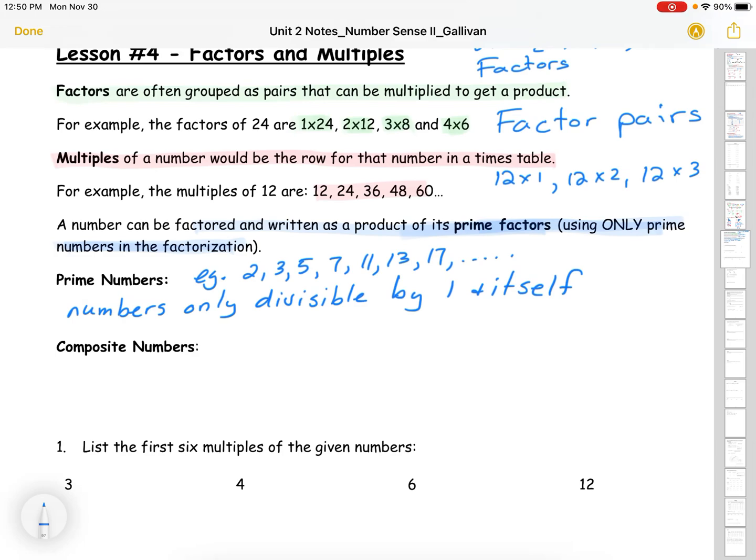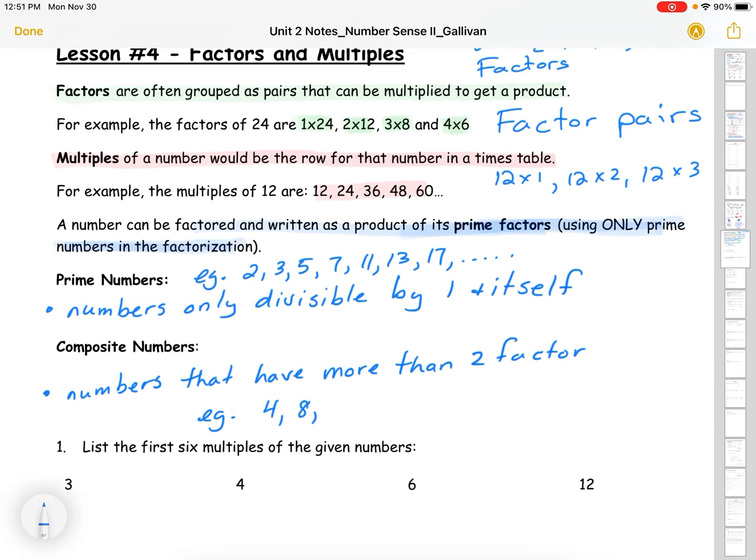Composite numbers are numbers that have more than 2 factors. So they can have 3, 4, etc. Okay, so for example, 4, 8, 9, I missed 6, but it's in there, 42, 56.